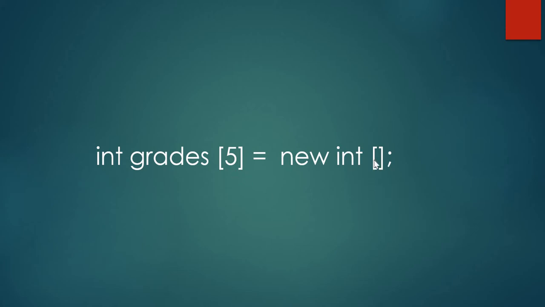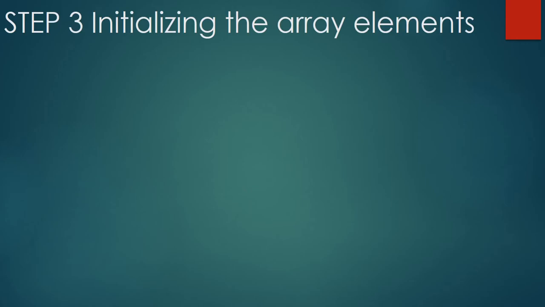You should write it here. Because this is used to symbolize that this grades is an array. That's why you have to write the number of elements here. Okay? So this is wrong. It won't compile.